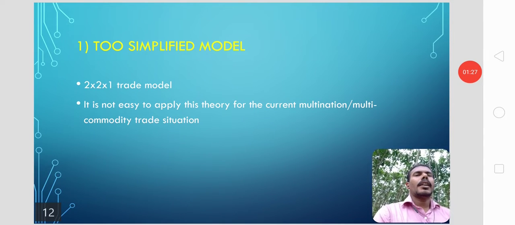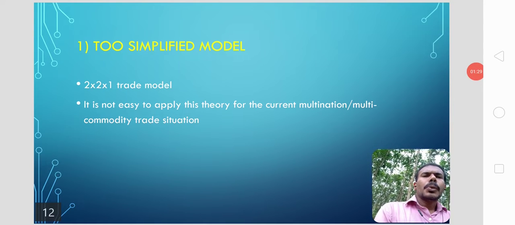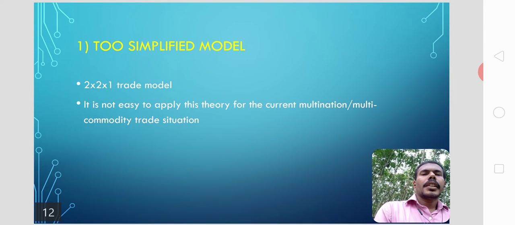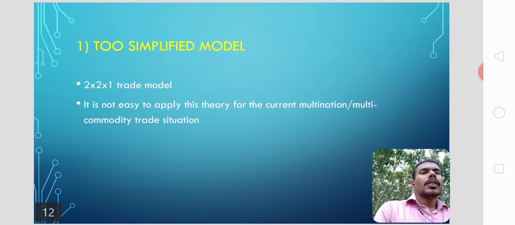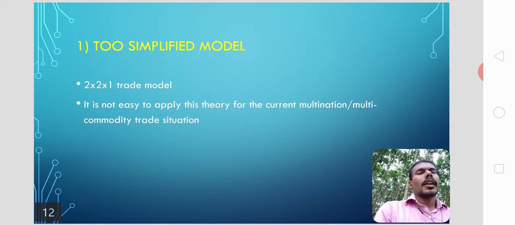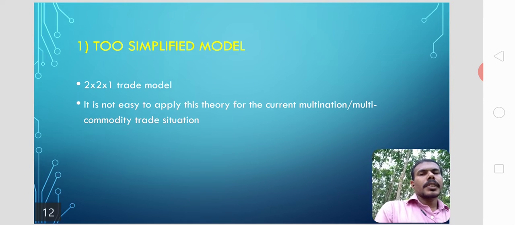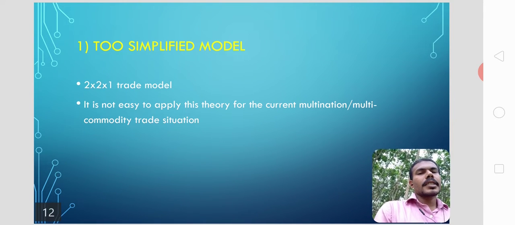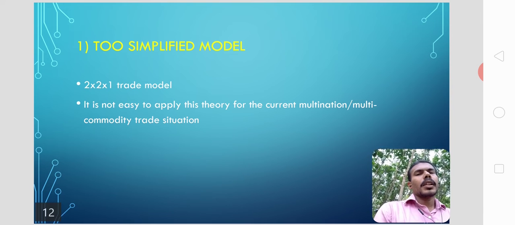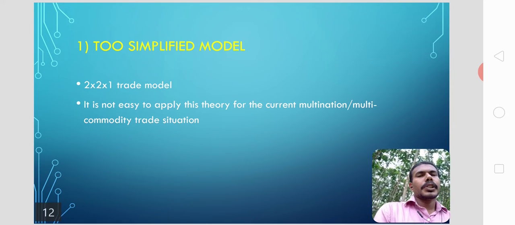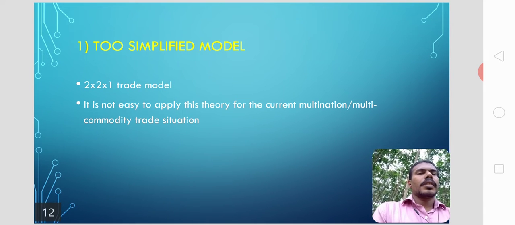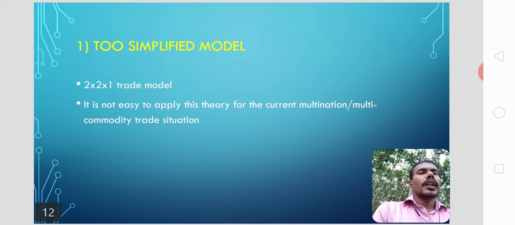The first one I have for you is that the absolute advantage theory of international trade is a too simplified model, a highly simplified model. In fact, the trade model cannot be that simple as put forward by Adam Smith or other classicals. This is a 2 into 2 into 1 model. That means trade is happening between two nations, of two commodities, produced by one factor only.